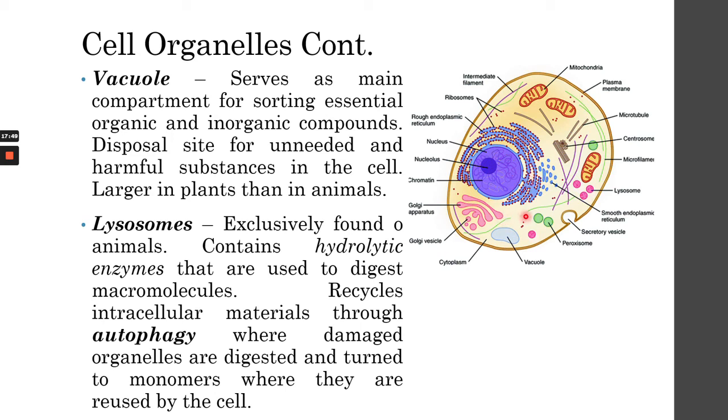So, kung isipin natin, very efficient yung cells because kapag may na-damage na organelles inside, kakainin siya ng lysosome via autophagy and destroys that damaged part of the cell and breaks it down into various monomers. And ang gagawin ng cell is yung mga monomers na yun i-recycle niya to create another organelles inside for the cell to continue living.